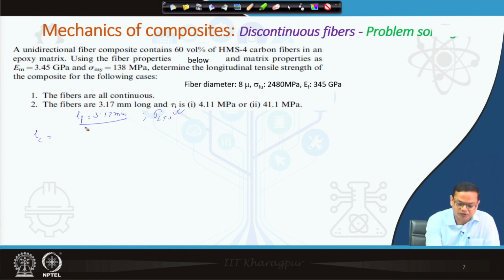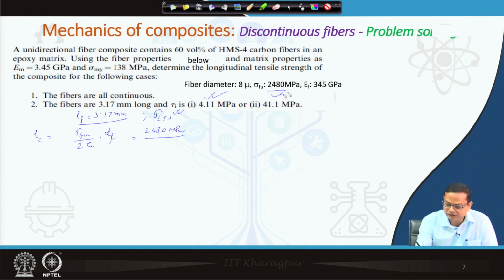How do you find the L_C value? You know the equation for L_C: sigma_FU over 2 tau_I multiplied by d_F, the diameter of the fiber. Now you can plug in the values. Sigma_FU has been given as 2480 MPa, and there are 2 tau values given, so for each case you have to find the value of L_C.